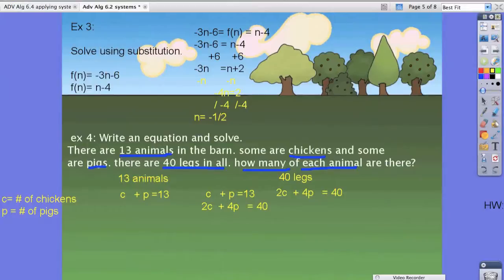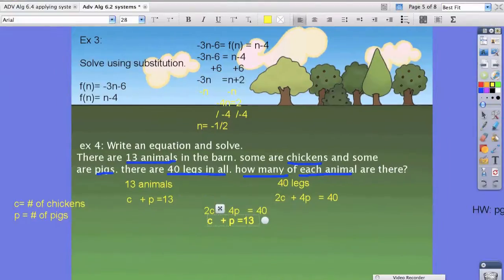So we're going to take the top equation, because it's the easiest, and solve it for c. You could solve for p, but c was already there. So to get c by itself, we're going to subtract p from both sides. We're going to be left with c equals 13 minus p.